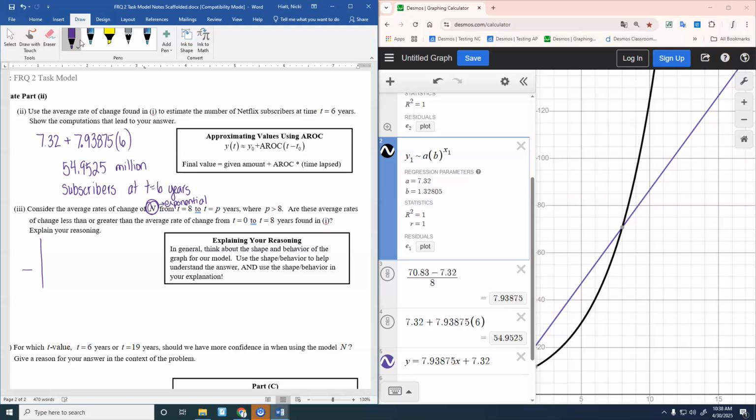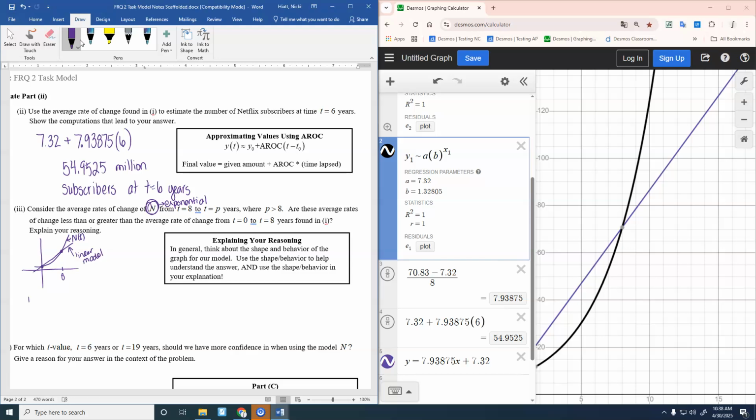It does not hurt here to show a little sketch where you call this N of t, and call that the linear model.